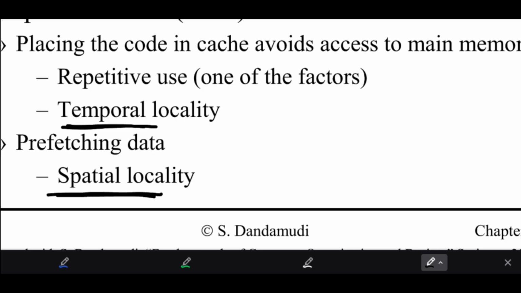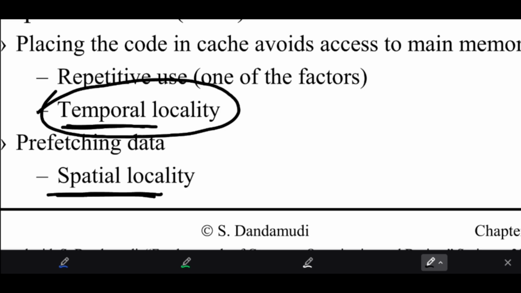What is temporal locality saying? Temporal locality says there is a chance of repetitive use of the same data that is used by the CPU.